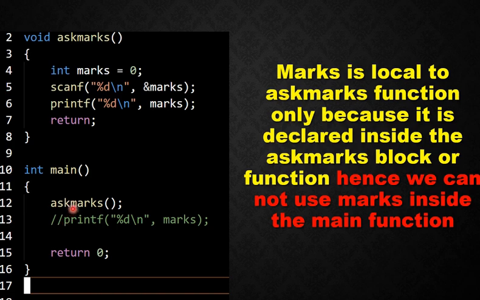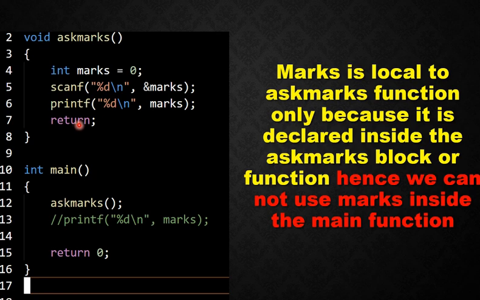As soon as askMarks is called in line number 12, the code will go to line number 2, as it is a void type. Void functions return nothing. That means it will not give any kind of output in integer, float or character.